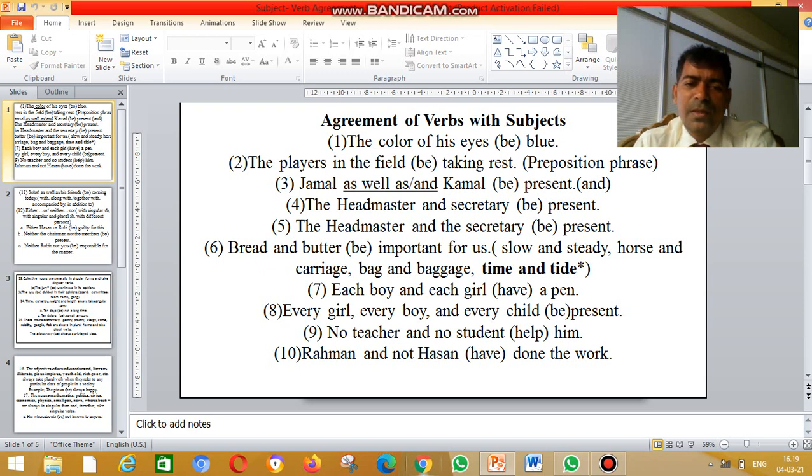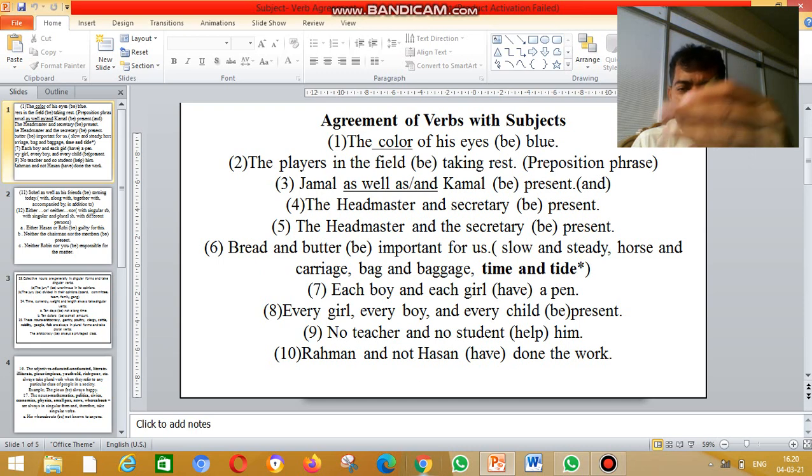Remember, question number 7, sentence number 7, each boy and each girl. If you see each in sentence number 7, every in sentence number 8 and 9, no in sentence number 10, not, after each or every, no or not, in all these cases you must use the singular form of the verb within the bracket.